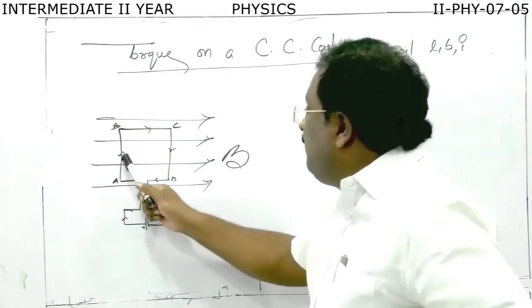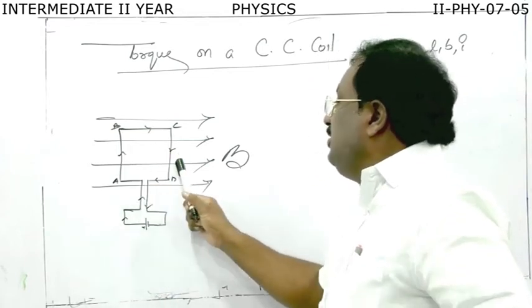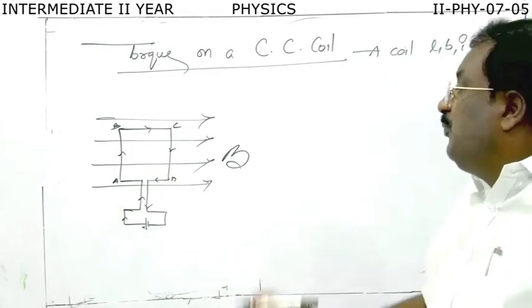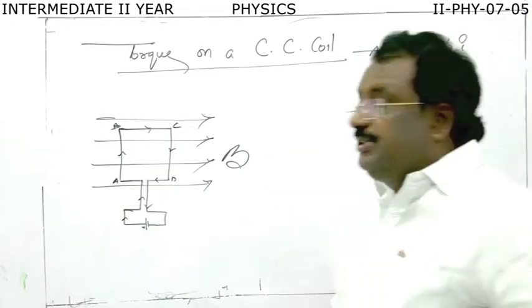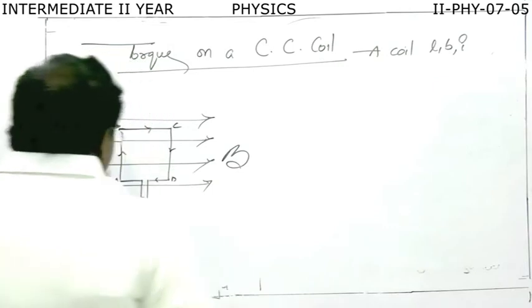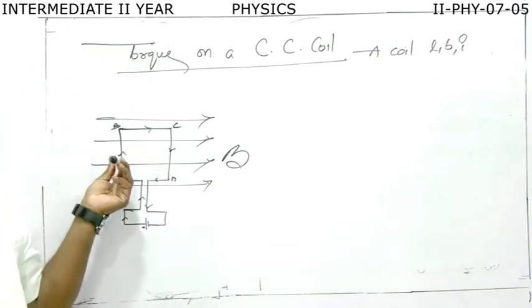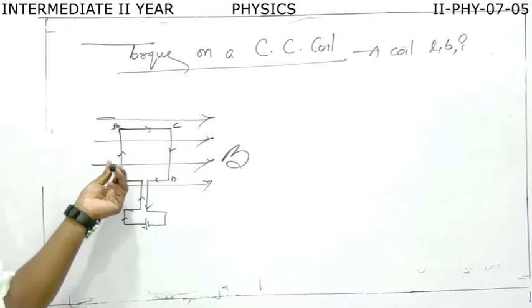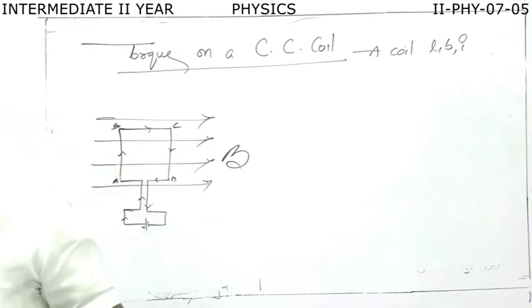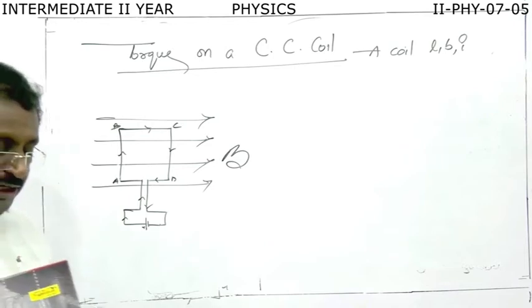Here the direction of flow of current is opposite in these two sides. The force acting on them is also opposite. On AB, the direction of force is like this. On CD, the direction of force is inwards.